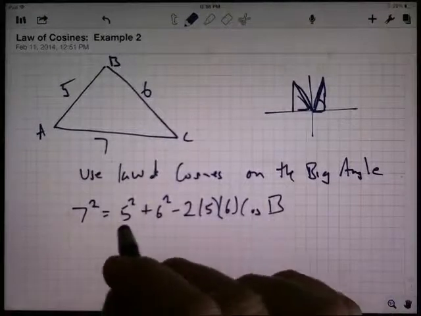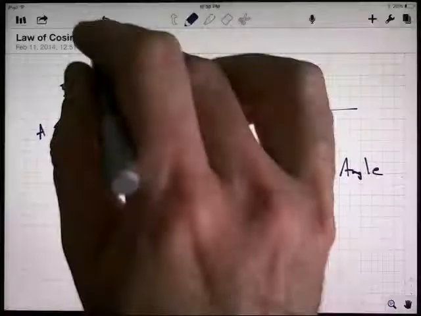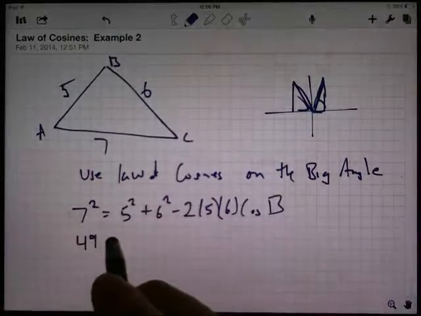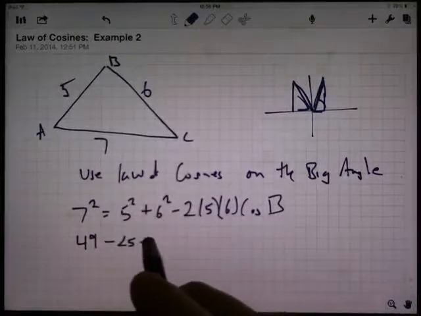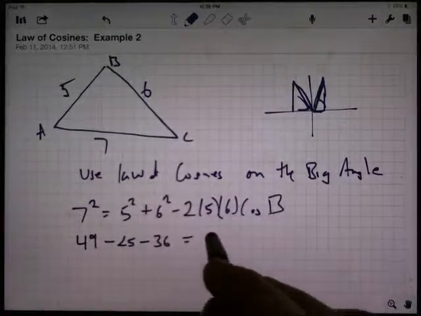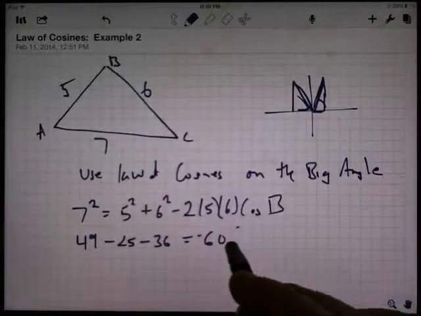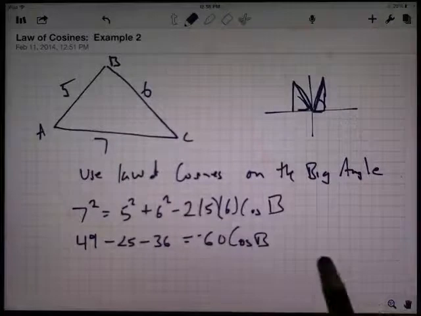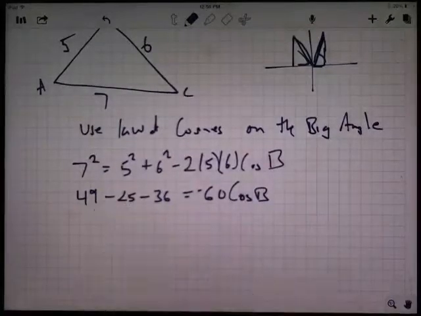Well, I can solve for it. I'm going to take some stuff over. I got a 49 over here. That's the 7 squared. And I'm going to subtract 25. That's the 5 squared. And I'm going to subtract 36, right? And that's going to be equal to negative 60 cosine B. So 49 minus 25 minus 36.